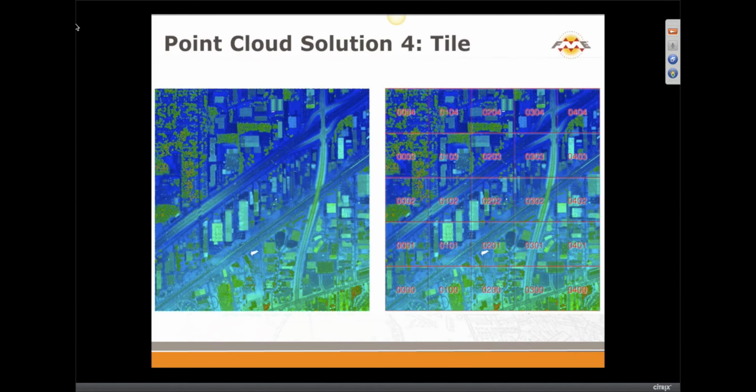Though, we can, the next slide, we can tile the point clouds. One of the reasons for tiling is obvious, for example, smaller pieces for delivery of them. But another thing I found very useful is that when you tile point clouds, you can speed up your processing time by organizing a few processes in parallel.